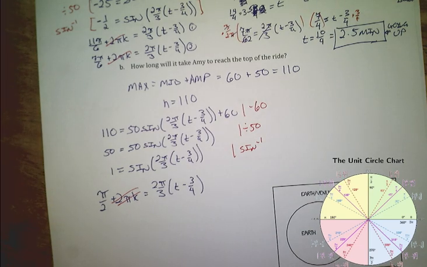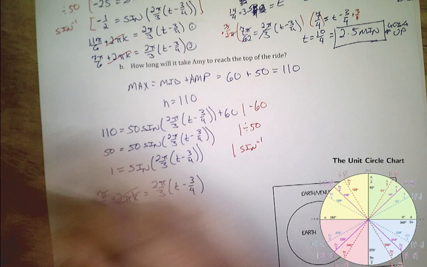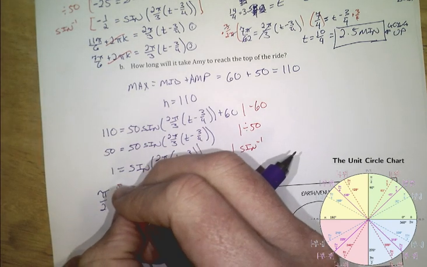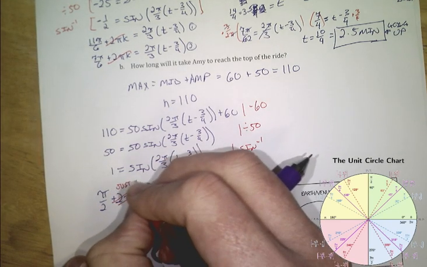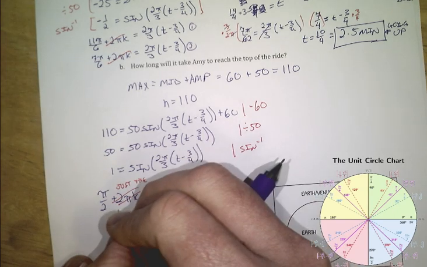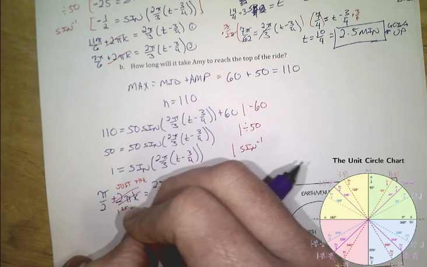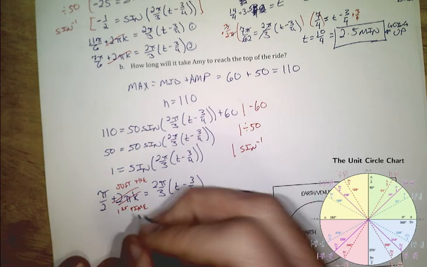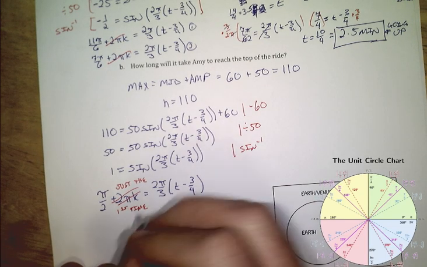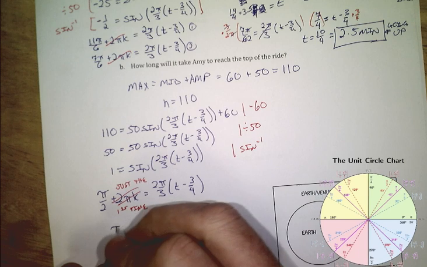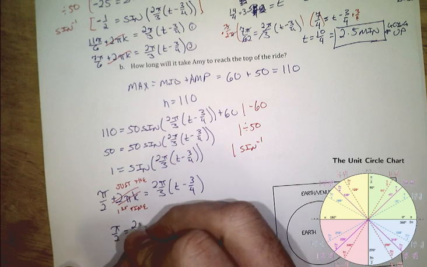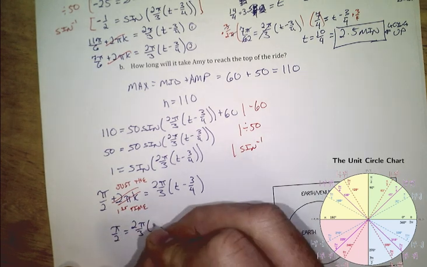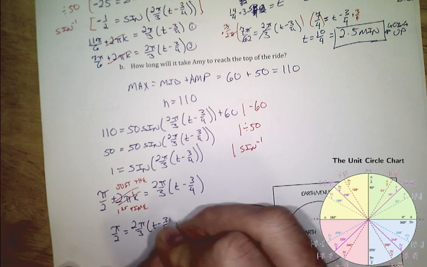We just want the first time. So it's going to give us pi over 2 is equal to 2 pi over 3 times t minus 3/4.